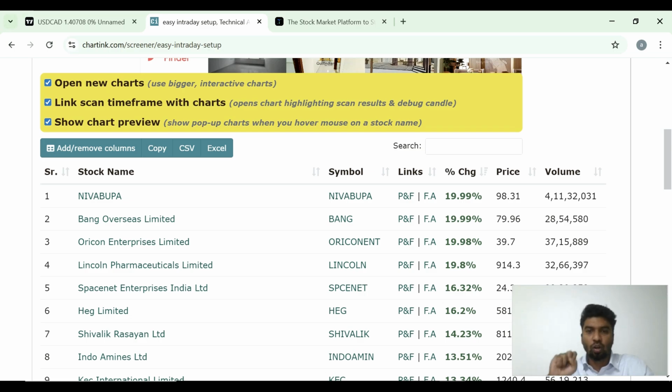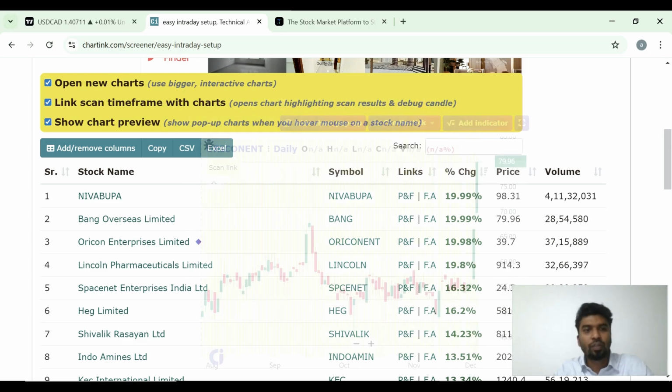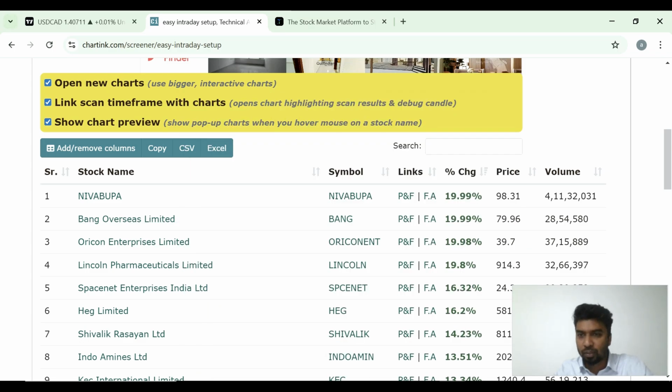So we got the stocks, but we don't know when we need to enter. For example, consider Bank of Maharashtra, which has performed like 19.99 percent today, almost hitting the upper circuit. We don't know from where we need to enter the stock.